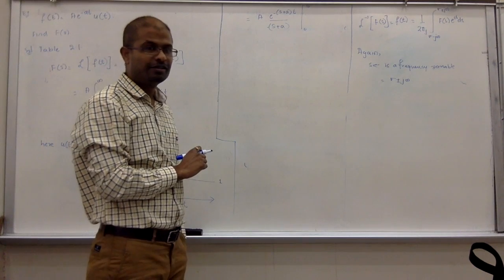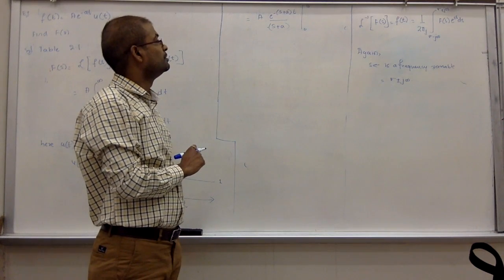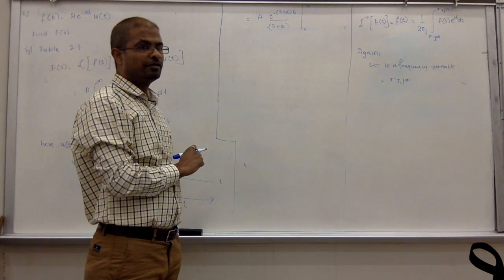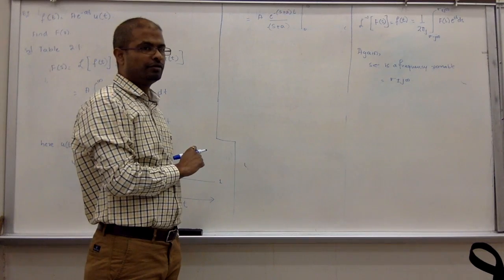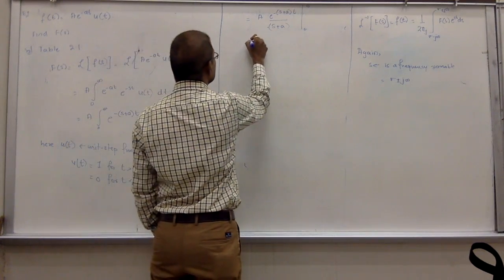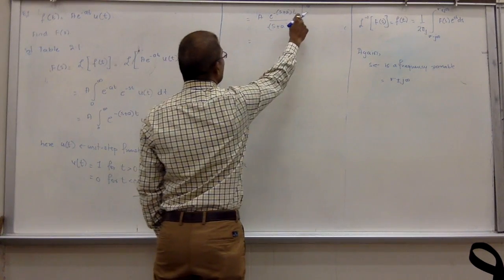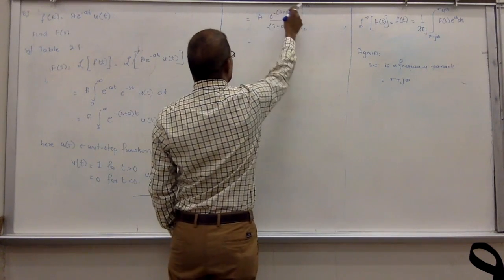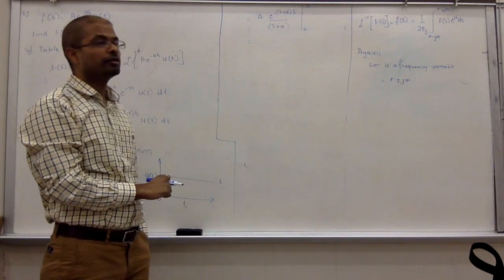You said that for the purposes of this class, the table will do. Right. So I'll just derive this once. If you evaluate it at infinity, what is e to the power of minus infinity?